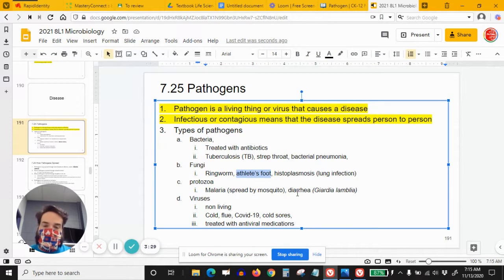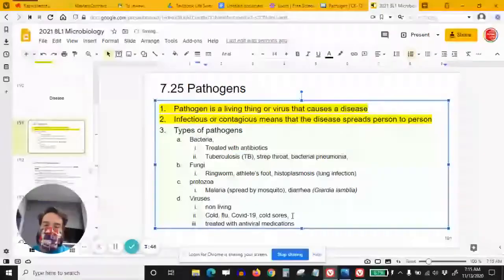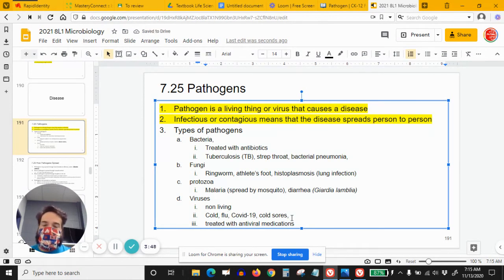Diarrhea can be caused by Giardia protozoa. Viruses are non-living. They're treated with antiviral medications. The cold, the flu, COVID-19, West Nile virus, H1N1, cold sores, these are all caused by a virus.